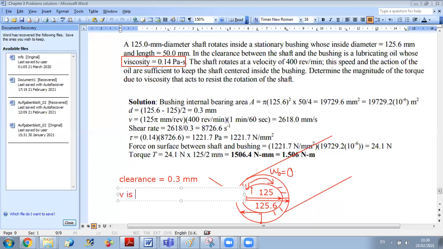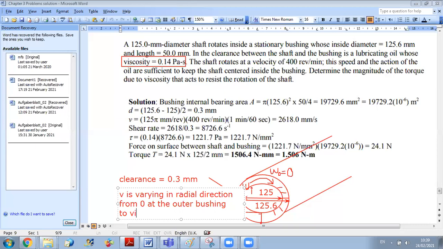So V is varying in the radial direction, from 0 at the outer side, at the outer bushing, to V inner.